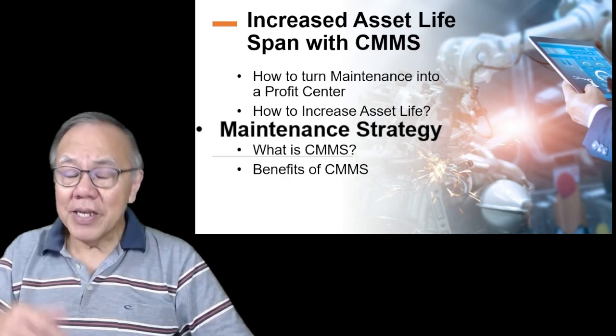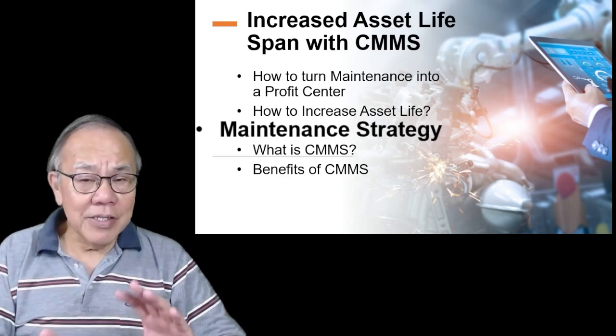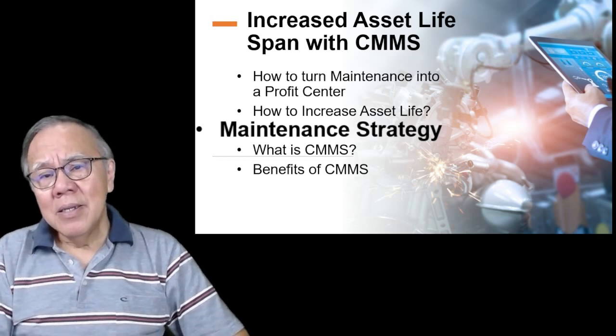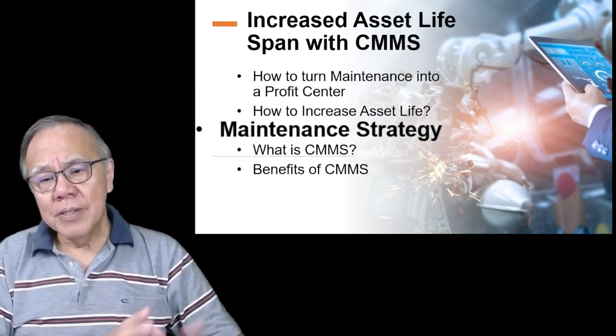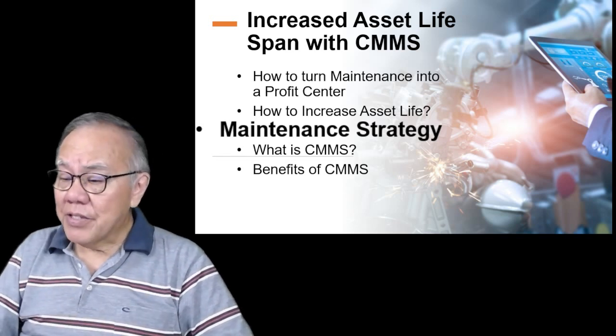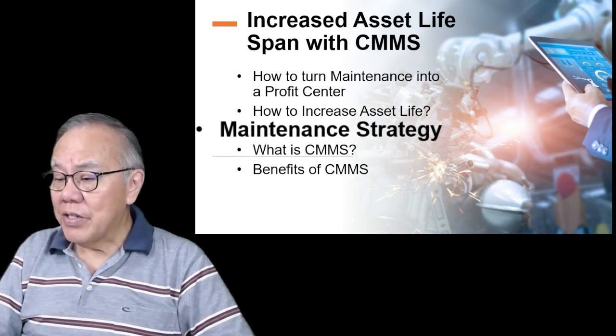And one of the ways is actually the OEE I told you about, and it's a good measurement. We may come back to the OEE metric in some other talks. And then, of course, we want to look at the maintenance strategy. What sort of maintenance strategy do you want?